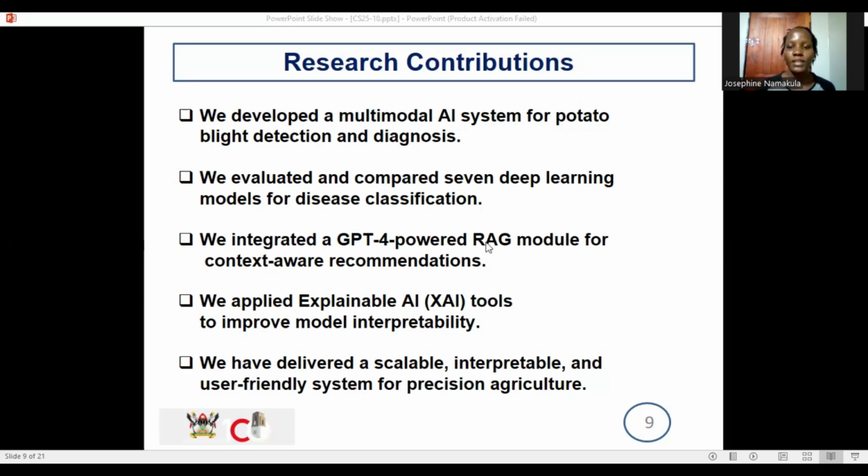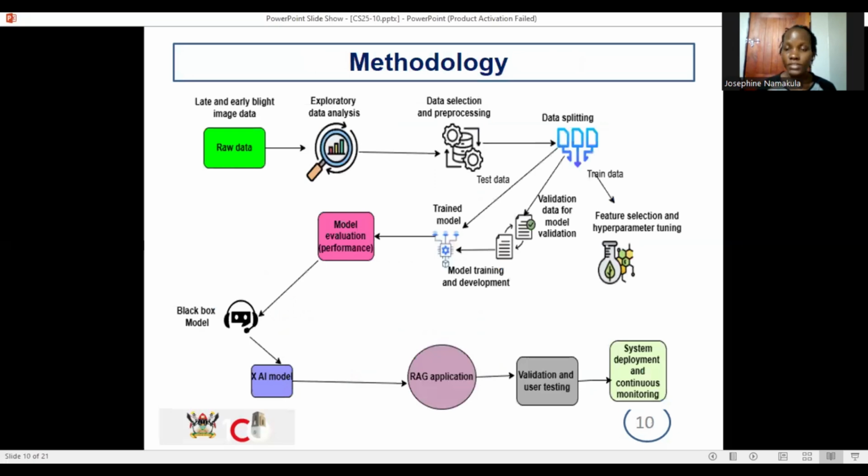When I move to the next slide, I find our research methodology. First of all, as I said, we gathered raw data from our sources, as my colleague has said, the late blight and early blight image data. We carried out exploratory data analysis, data selection, and pre-processing.